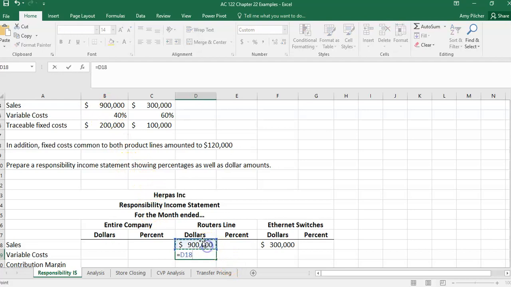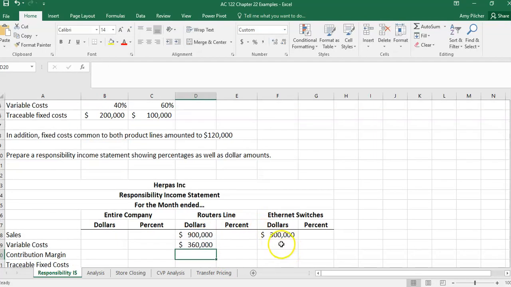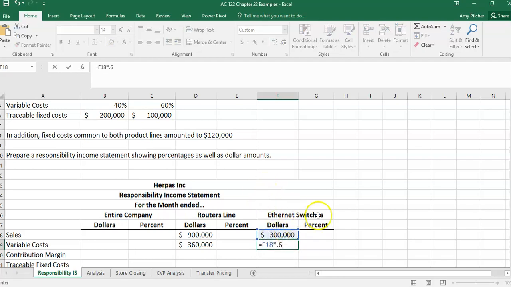So we'll take our sales amount times 40%. And for Ethernet switches, we have variable costs of 60%. So our sales times 60%.